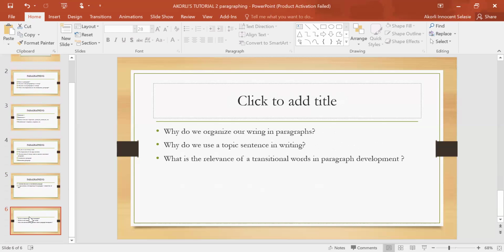Why do we use a topic sentence in writing? What is the relevance of transitional words in paragraph development? What is coherence? What is cohesion? Basically, those are some of the things that I want you to focus on so that perhaps you may see similar things in the exam.